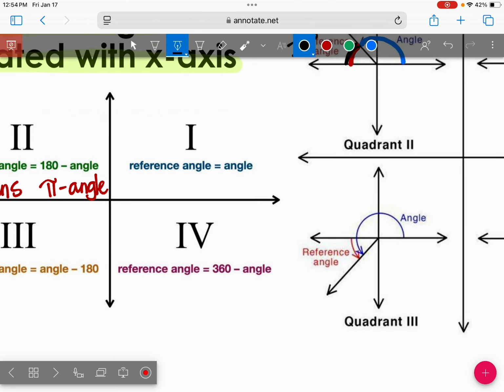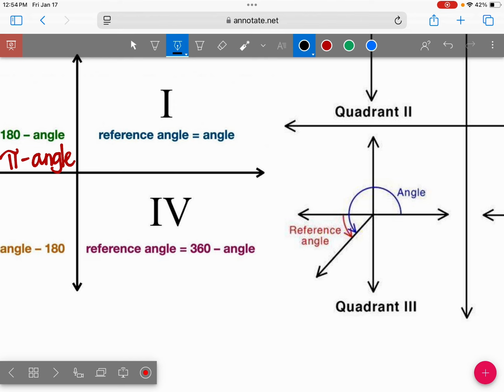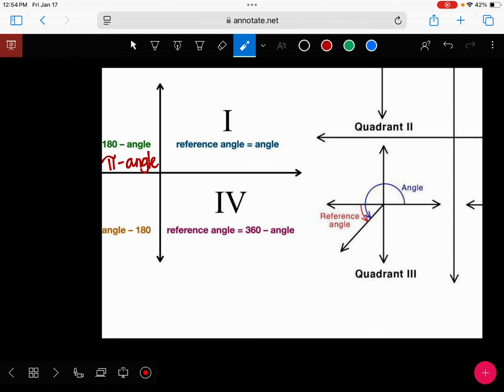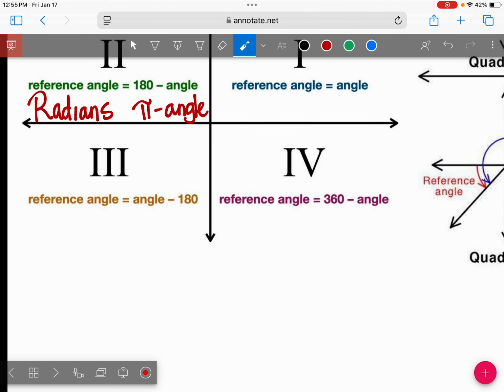When you move to quadrant 3, to get to the x-axis, we have to rotate up. This would be the difference. That's why my formula flipped. Instead of 180 minus the angle, if you're in quadrant 3, it's the angle minus 180. In radians, that would be the angle minus pi.